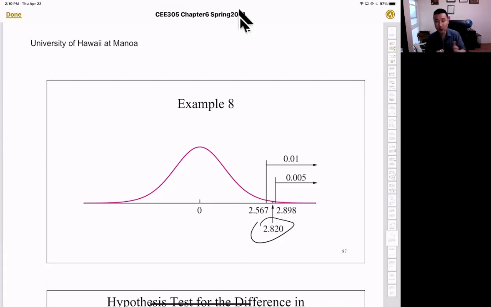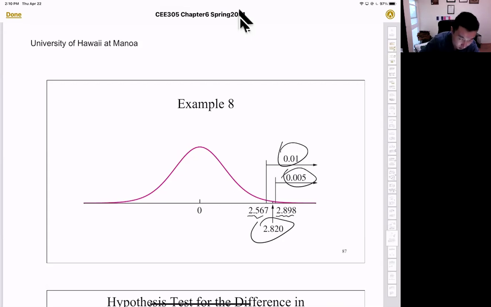So 2.82 is between 2.567 and 2.898. For 2.567, it corresponds to 1%. For 2.898, it corresponds to 0.5%.